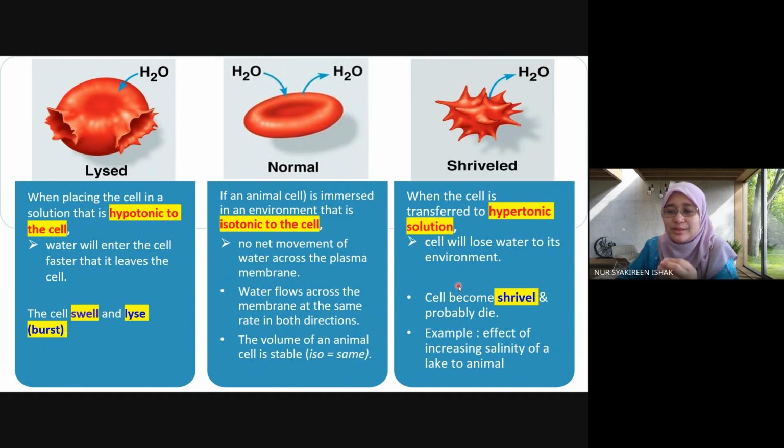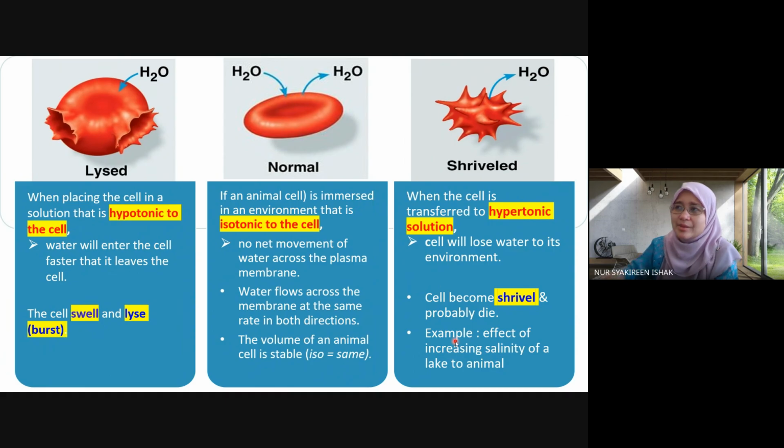You have to describe what causes the cell to die, because water diffuses out and causes the cell to shrivel and then probably die. It doesn't necessarily die. It can die. Next, an example of the effects of increasing salinity of a lake on animals.